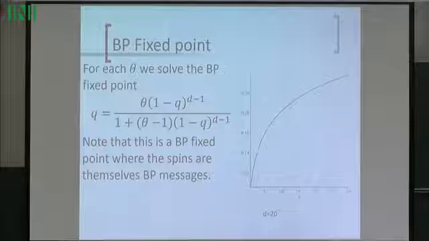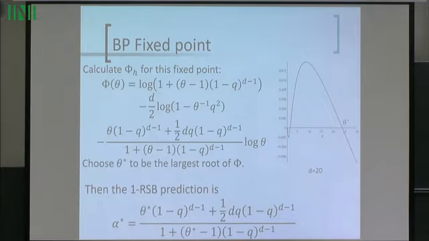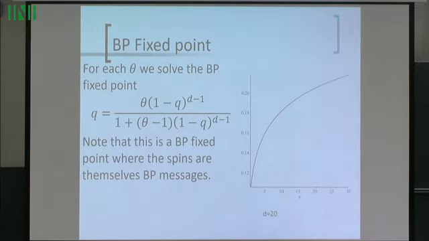So if Q is the density of ones, it's just this formula. And so we want to solve this fixed point equation, and the solution that you get will be a function of theta, this weight. Okay, and there's just a unique solution to this.